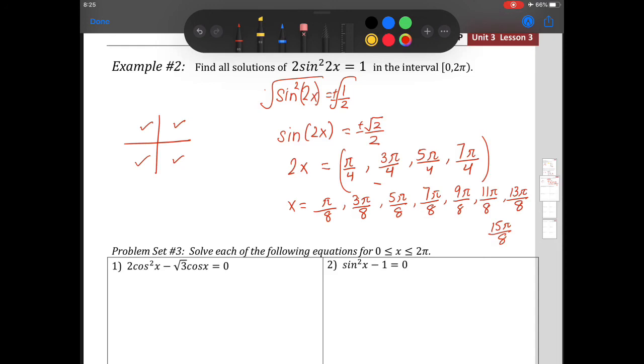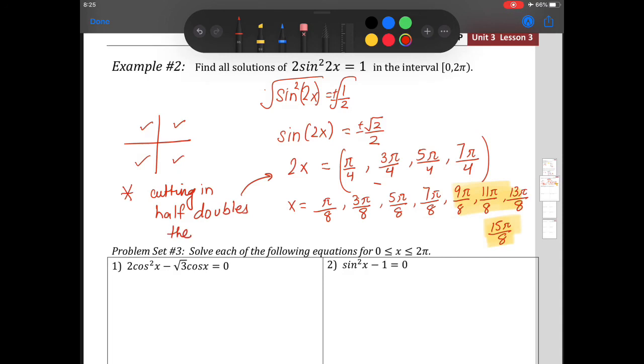Okay, where did these angles come from? Remember, I just want to write this and then explain to you. When you're cutting this in half, it doubles the interval. So here, cutting in half doubles the interval.